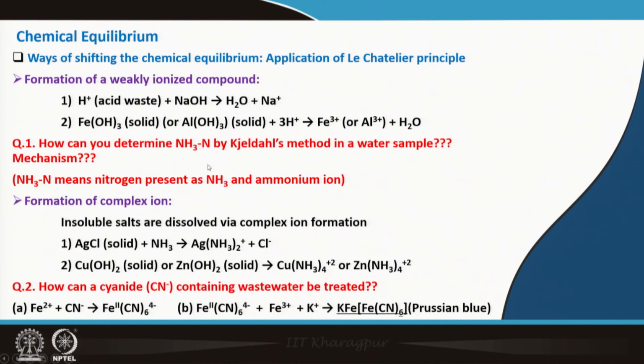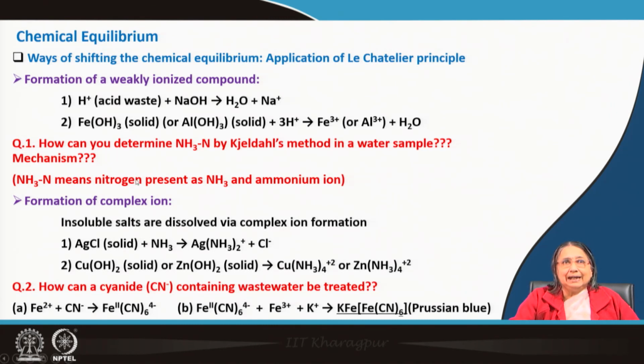Another example is the Kjeldahl method of ammonia nitrogen determination. We know that ammonia nitrogen means the nitrogen present in ammonia or ammonium ion. In that case, we make it alkaline and then we steam distill it.